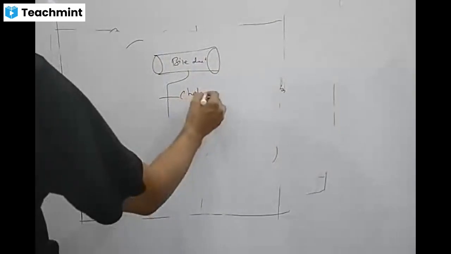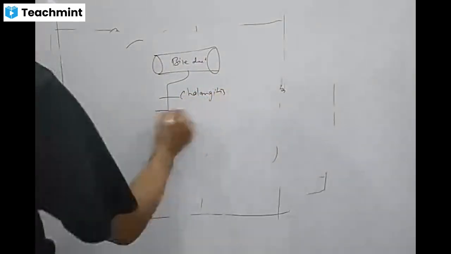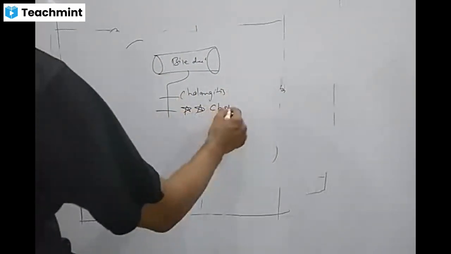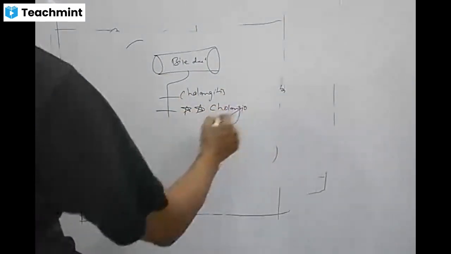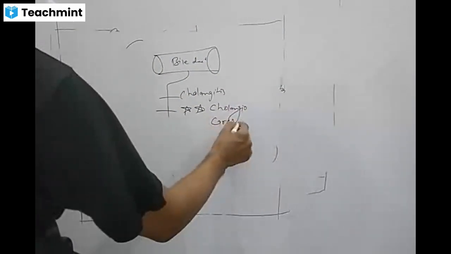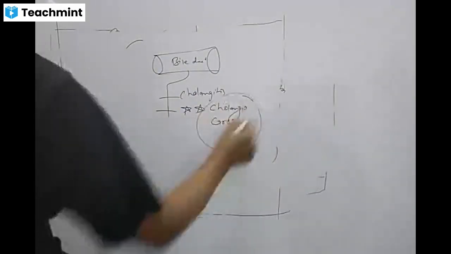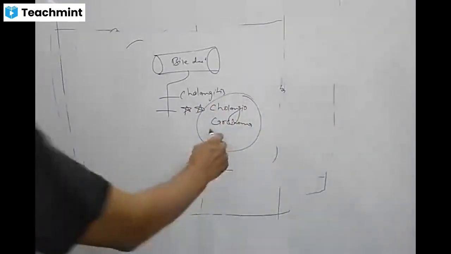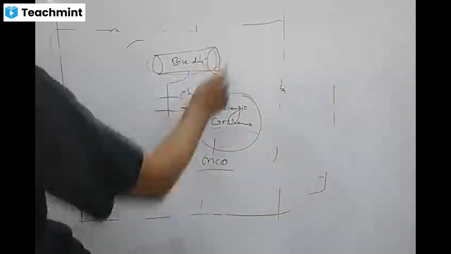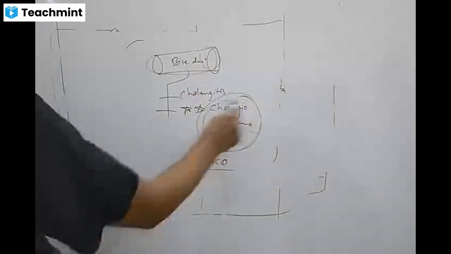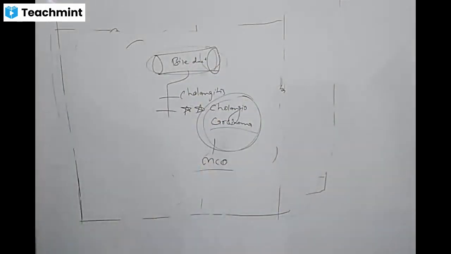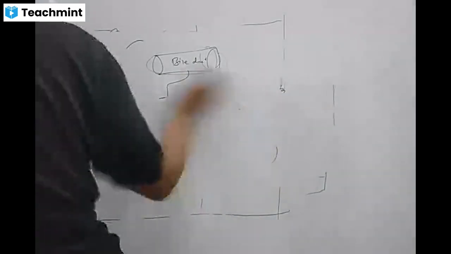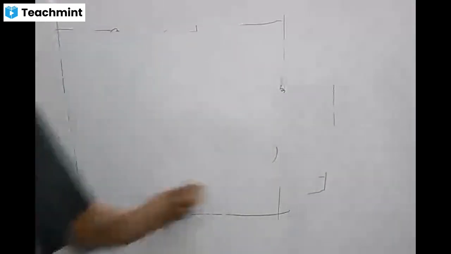You can say cholangitis, or the most important MCQ is cholangiocarcinoma, bile duct carcinoma. The cancer of the bile duct caused by the fluke is cholangiocarcinoma. So this was about Opisthorchis.